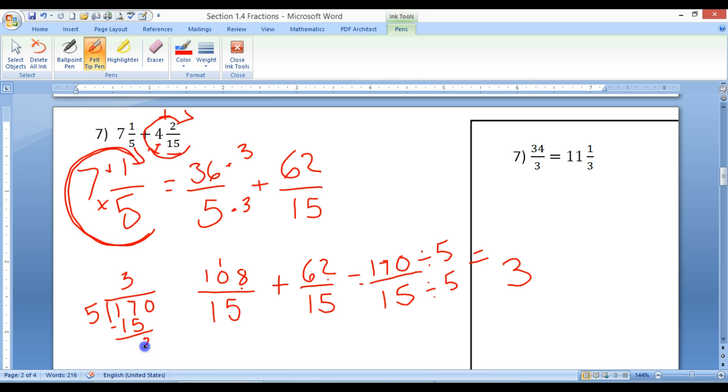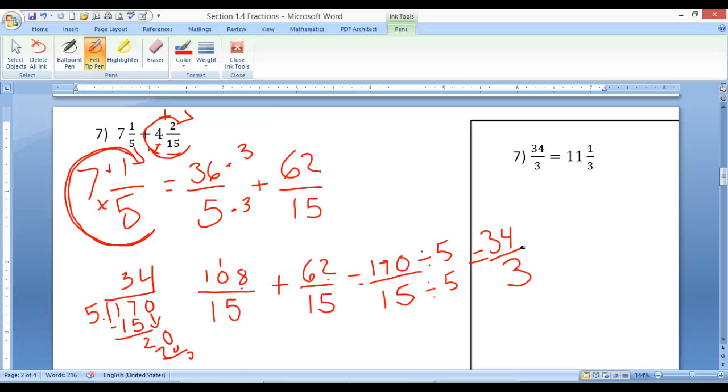Subtract gives me 2, and then I bring down the 0. 5 goes into 20 evenly at 4. 4 times 5 is 20, minus a 0, so we're good. So this top number over here, 170 divided by 5, simplified, gives me 34. So my answer is 34 over 3, but that's an improper fraction, so I should probably change it to a mixed number. To do that, you divide and then take the remainder.